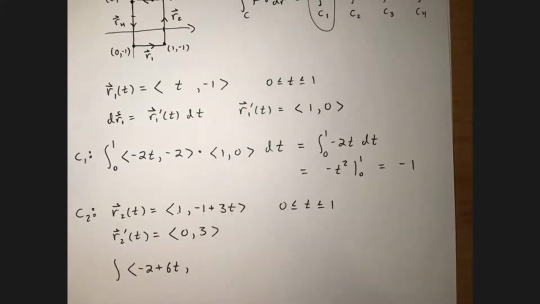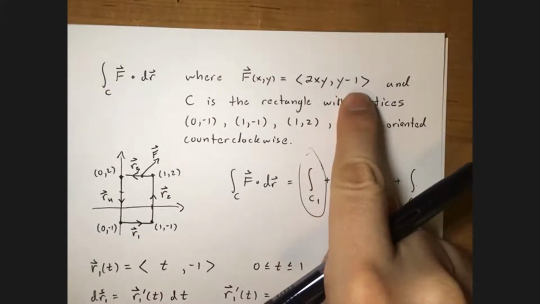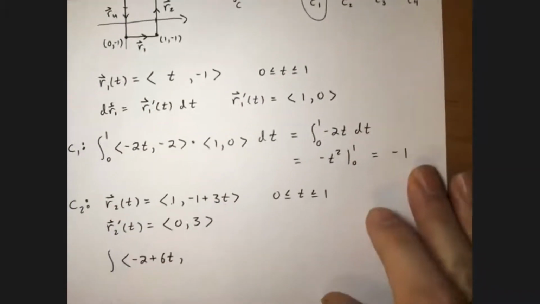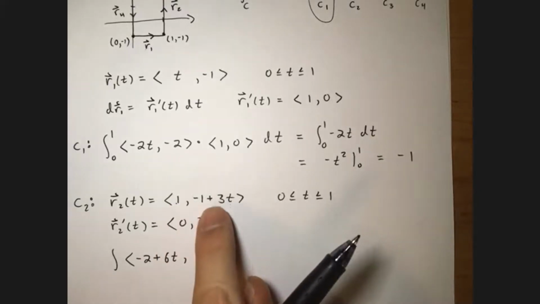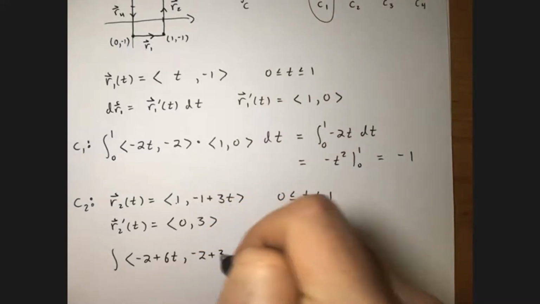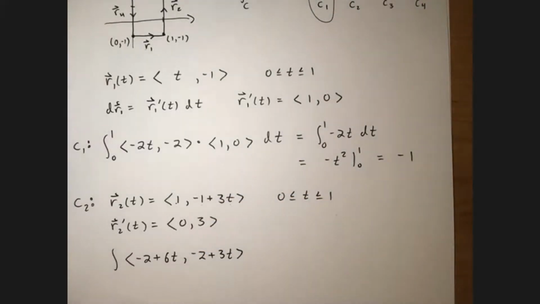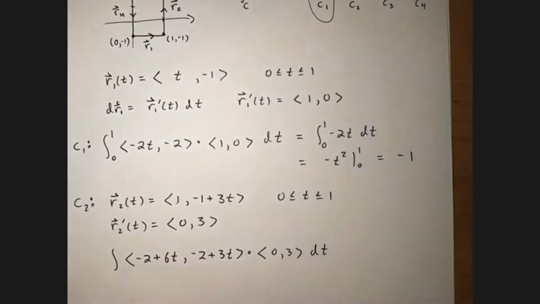And then the second component was y minus 1, right? 2xy was the first component, y minus 1 is my second component, so it's going to be -2 plus 3t. And I'm going to dot this with the r prime of t. So that's 0, 3 dt. Okay, and I'm integrating from 0 to 1.